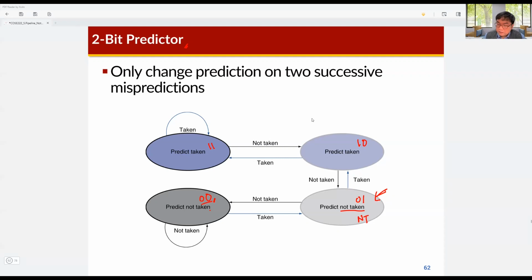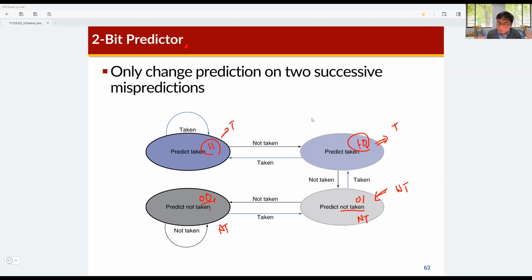And then if the branch is taken again, the state is changed to 1 0, and in this case, the branch is predicted as taken. So the 2-bit predictor is a little bit different.